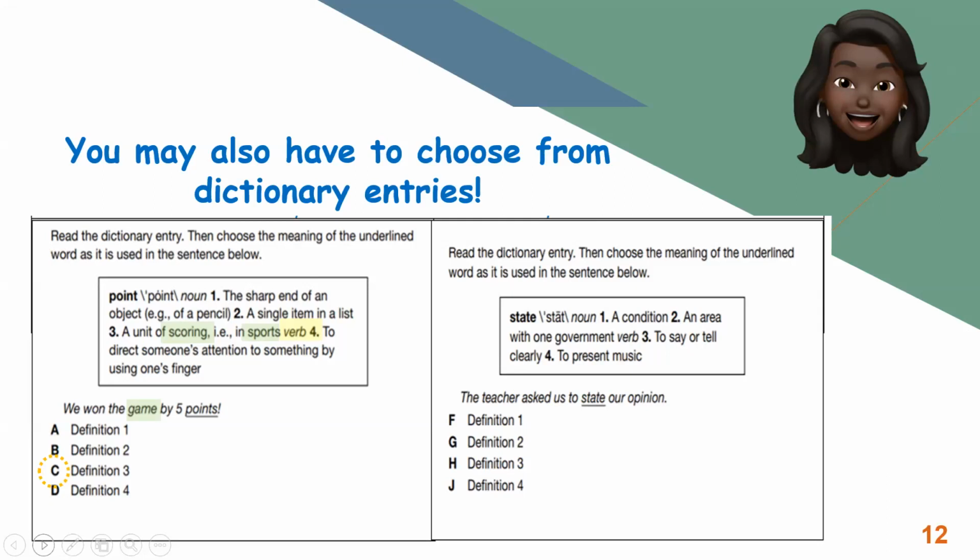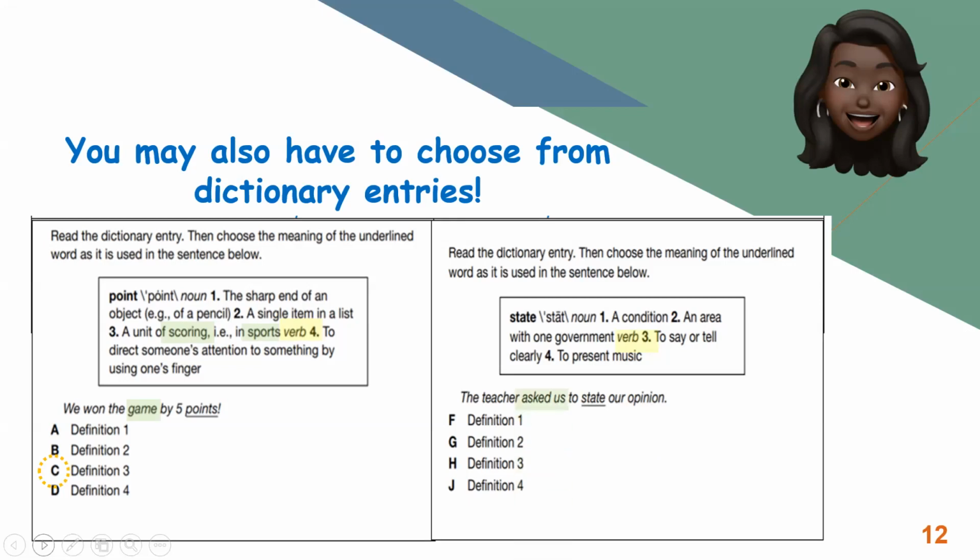Again, number 1 and 2 are nouns. Number 1, a condition. Number 2, an area with one government. Now, number 3 and 4 will be verbs. Number 3, to say or tell clearly. Number 4, to present music. Looking at the sentence, the teacher asks us to state our opinion.